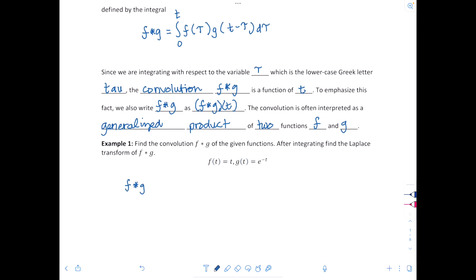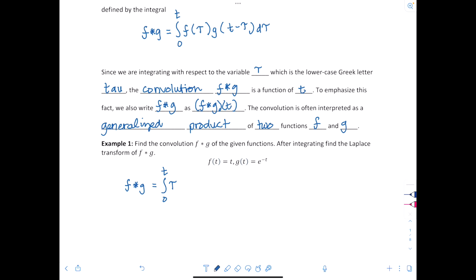The convolution of f and g is going to equal the integral from 0 to t of f at tau, right? So since f at t is t, f of tau is just going to be tau. Now be careful, because wherever you see a t in g at t, we're going to replace it with t minus tau.